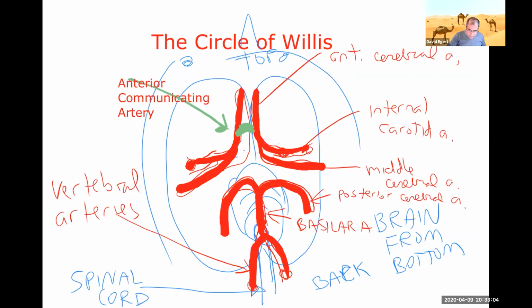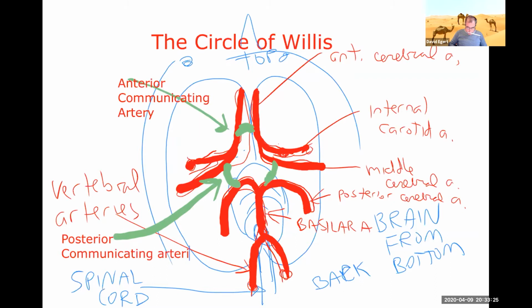And then we have connections between the posterior and middle cerebral arteries. Those are going to be called the posterior communicating arteries. And what that means ultimately is you've got a total circle.